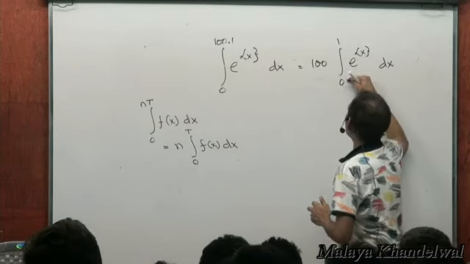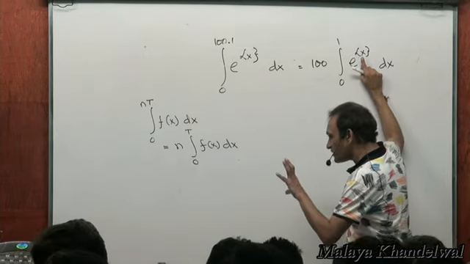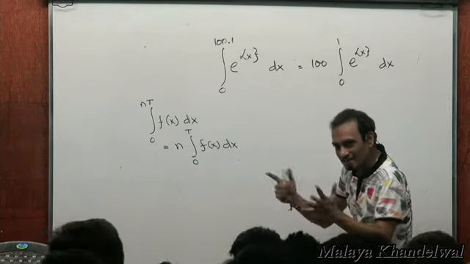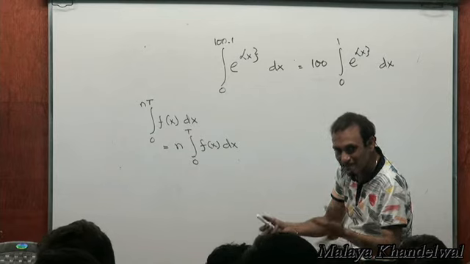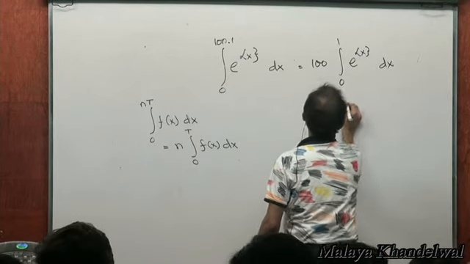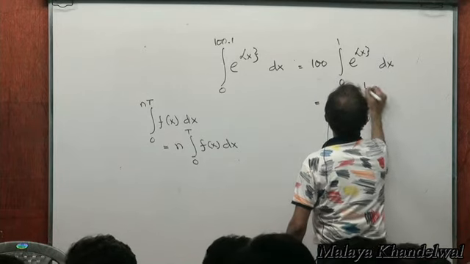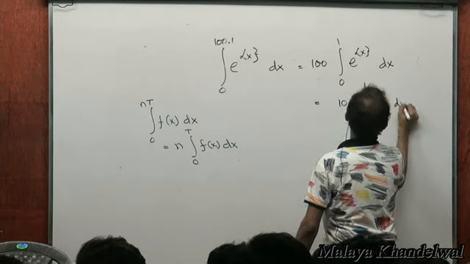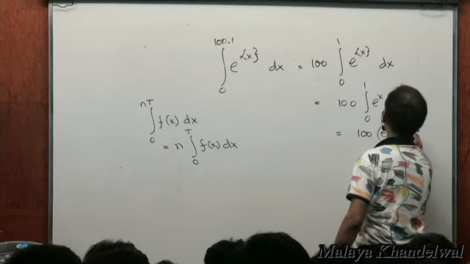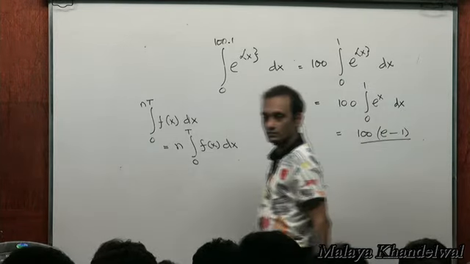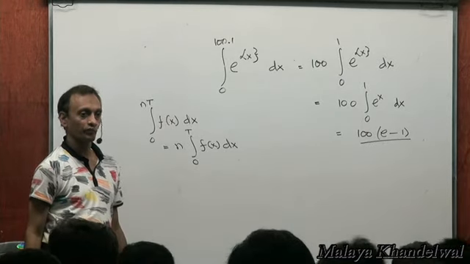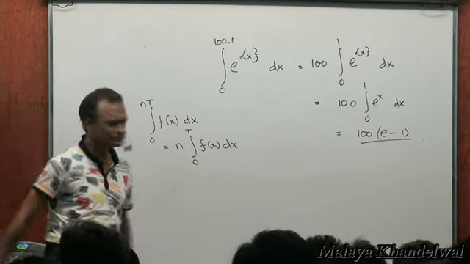But in the interval 0 to 1, the fractional part of x is the same as x. So this is 100 times integral 0 to 1 e^x dx, which is 100 into (e − 1). Clear now?